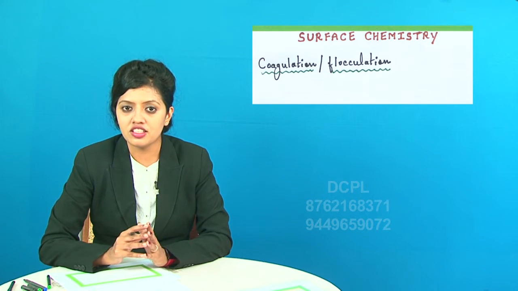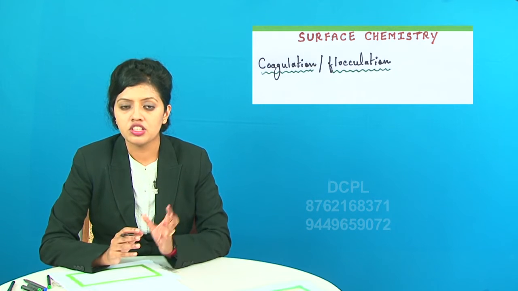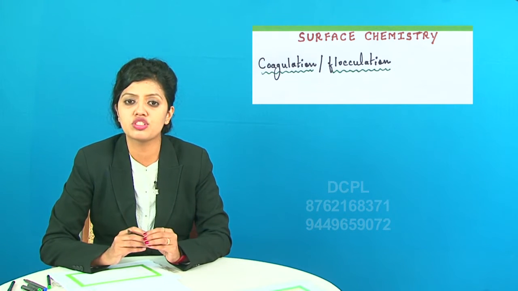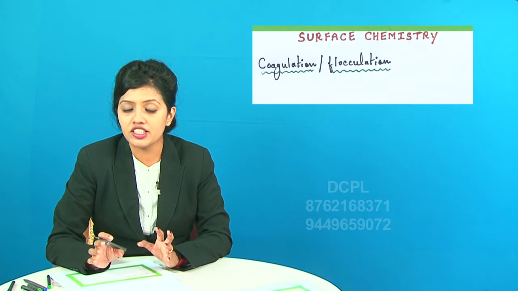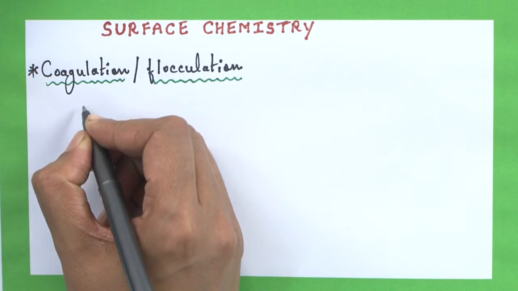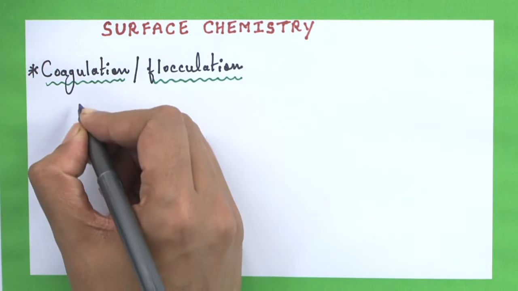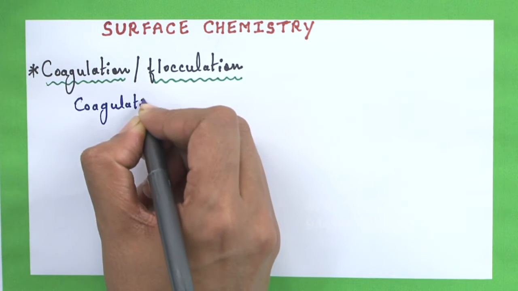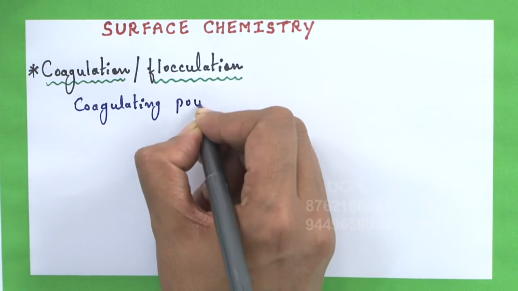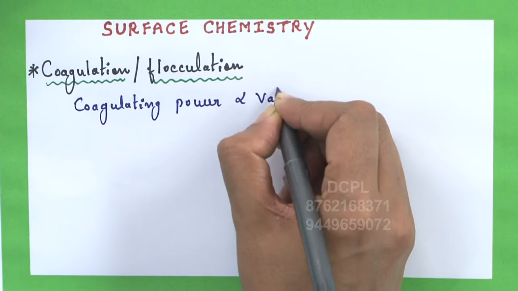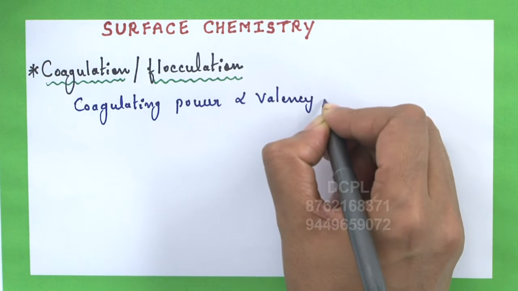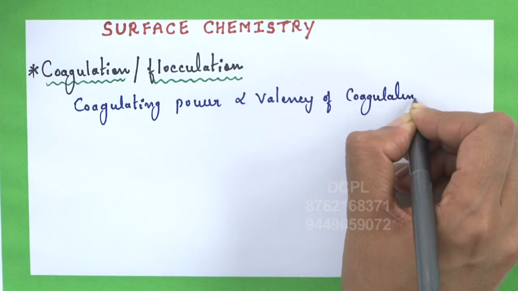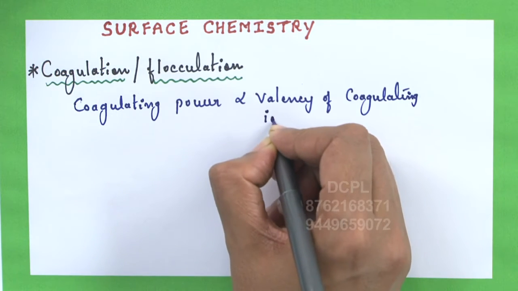Now, let us learn about the coagulation. The coagulation power or the flocculation power is directly proportional to the valency of the coagulating ion, which can be given as: coagulating power is directly related to valency of coagulating ion.